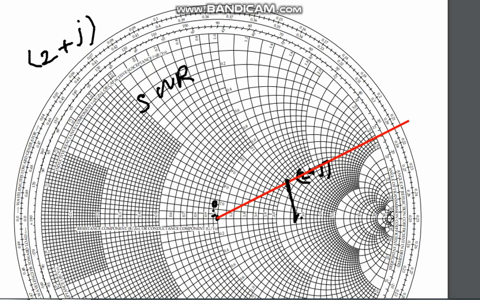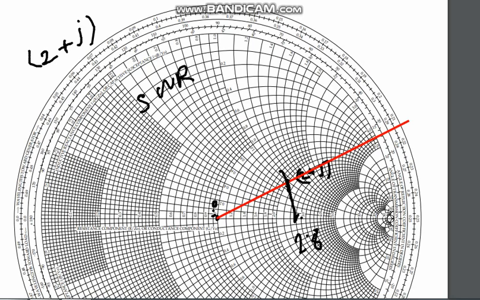Sorry, not 3.5, that is decreasing. 2.9 or 2.8. Approximately 2.8 will be the answer. So that is the SWR of the transmission line, according to the Smith chart.